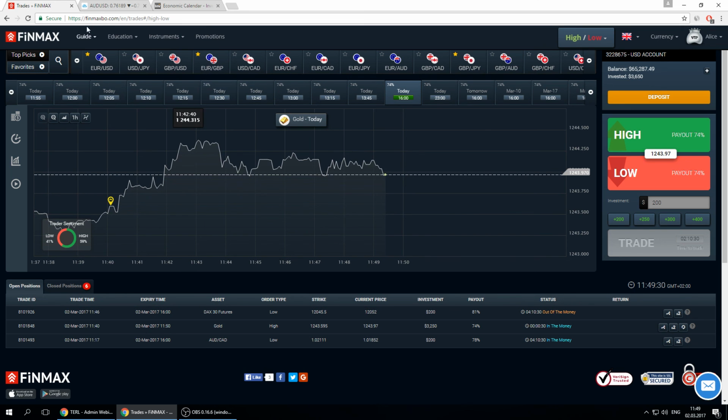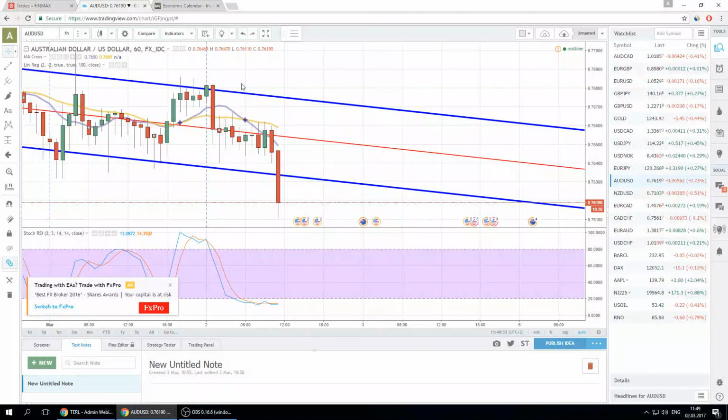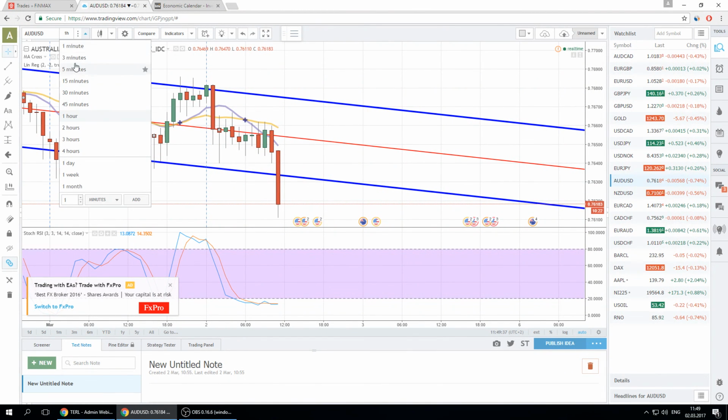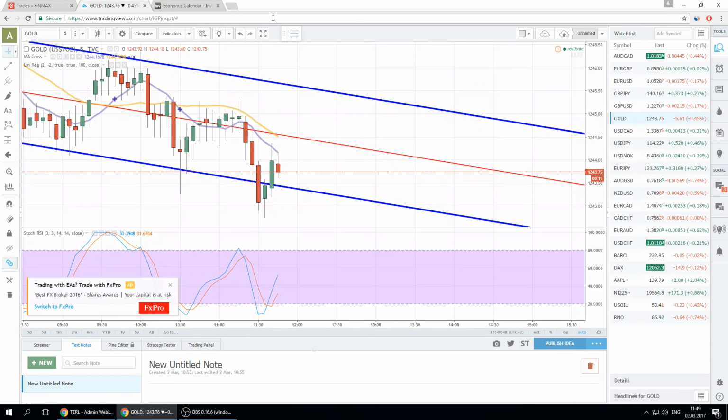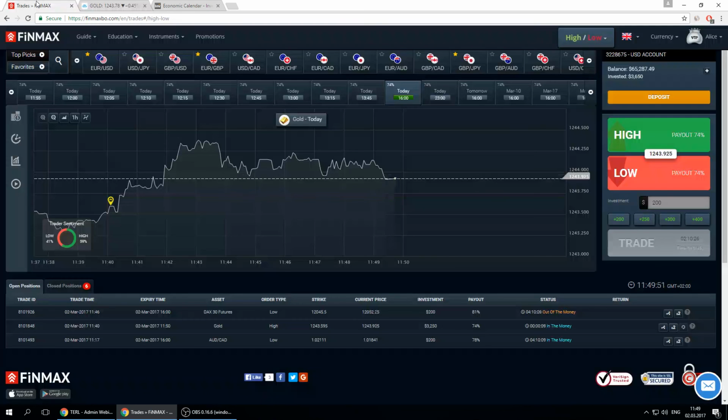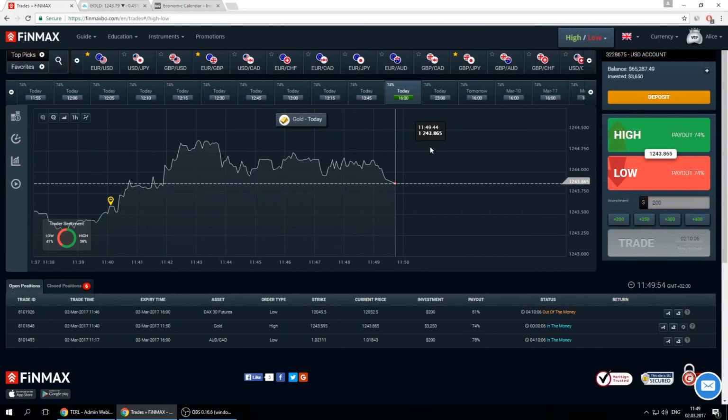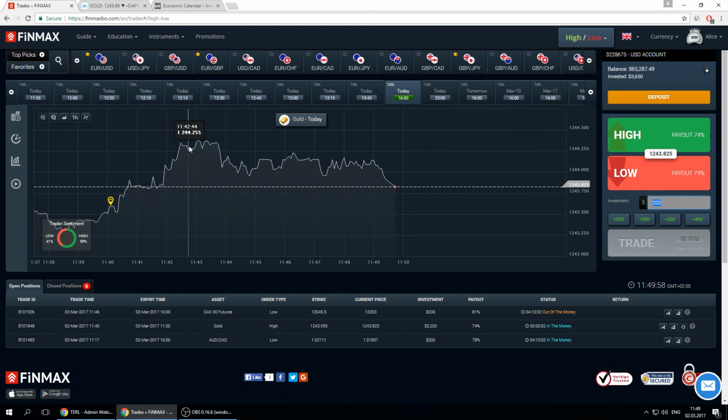So let's see what will happen with the gold. And after that, if you wish, you can open the trade for 5 or 15 minutes for Australian dollar to American dollar. Let's prepare anyway.